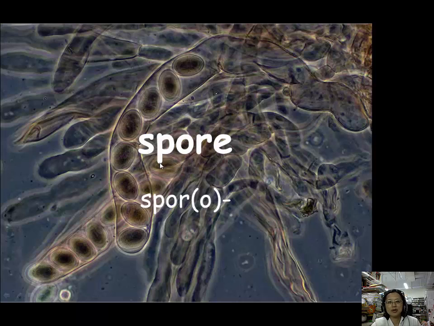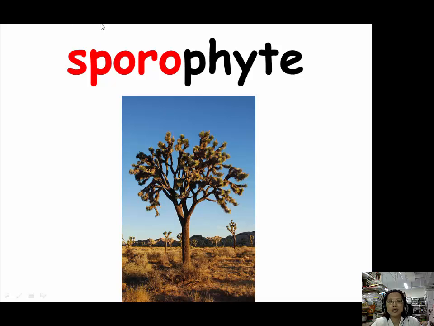For spore, a lot of plants, like ferns, have spores, but spore actually has a wider meaning. When we want to talk about spore, we could use this prefix, sporo. And our example is sporophyte.